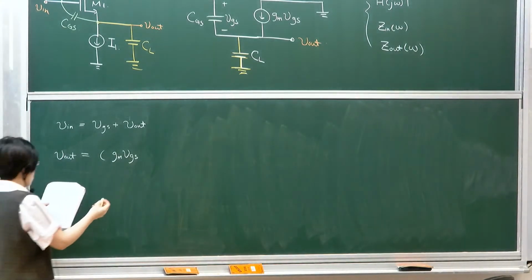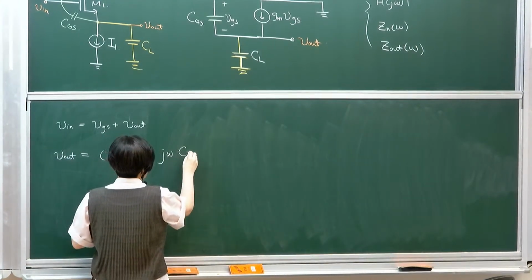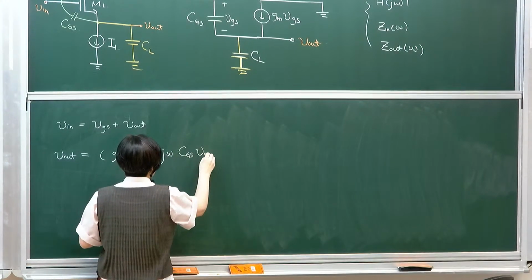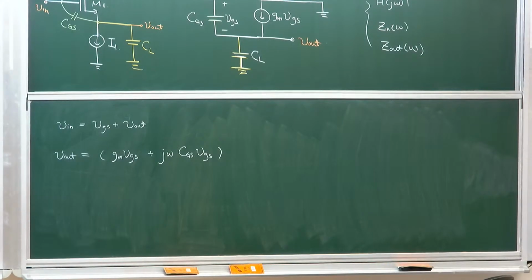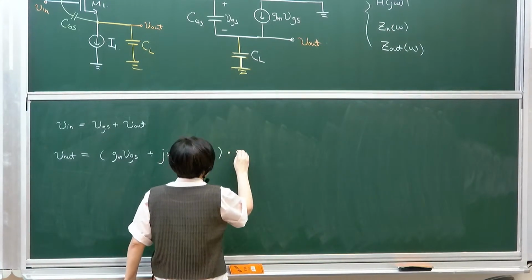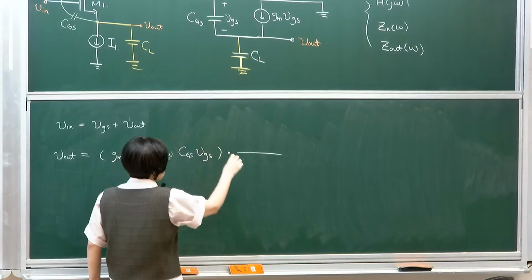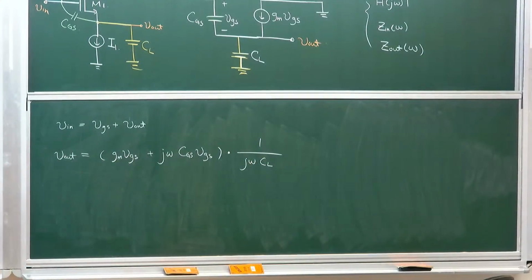The other is the charging current coming from CGS. If you look at the current going through C load, there are two: one is the transistor channel current, the other is coming from CGS. That's the charging current, and this current times its impedance, 1 over j omega C load, is my output.